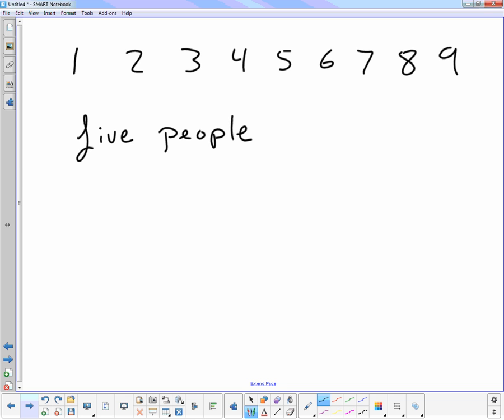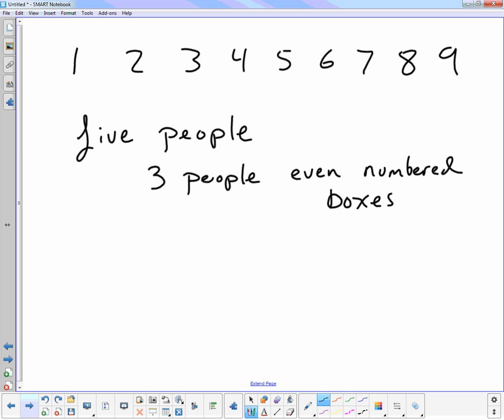But the first 3 people choose even numbered boxes. How many different ways can this be done?